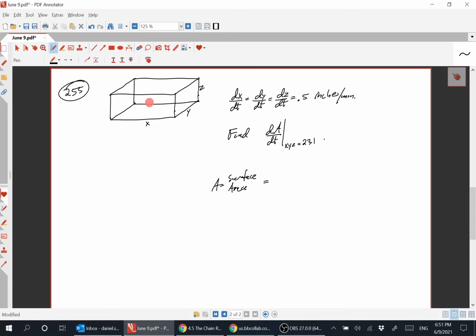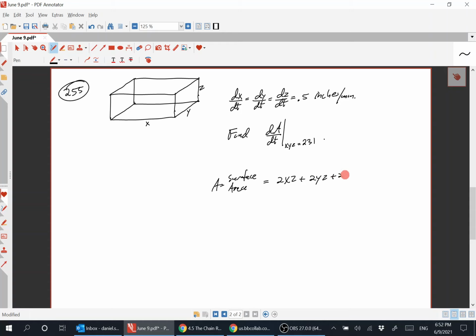So the front face, what's the area of this front face here? x times z, but there's two of them. So 2xz plus 2yz for the right and left faces, and then for the top and bottom faces, 2xy.